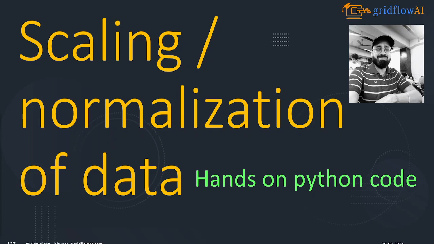This step is quite crucial in some of the machine learning models that we choose, but there are machine learning models which are not impacted by scaling. We will discuss which models are impacted and not impacted when we come to the machine learning topic. But nevertheless, in this video, we'll talk about the methods for scaling or normalization of the data.